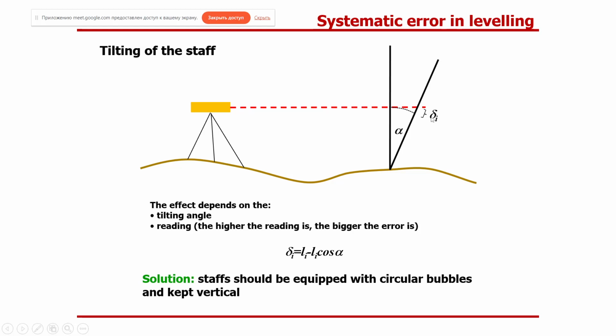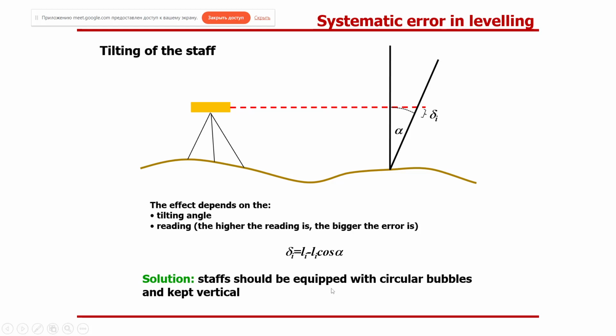So often we ask another surveyor who is standing with the rod to tilt the staff in different directions, and the smallest reading will be the true reading.